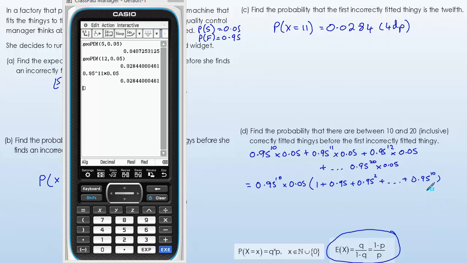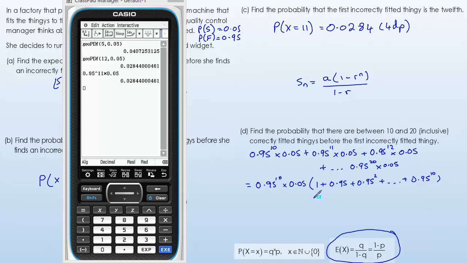And this is a geometric distribution. Sorry, not a geometric distribution, a geometric series. So, if we think about the sum of n terms for a geometric series, that's a times 1 minus r to the n over 1 minus r.